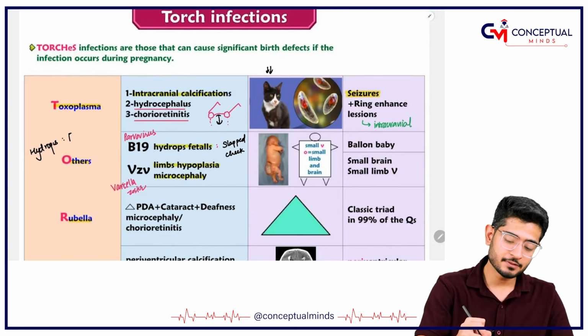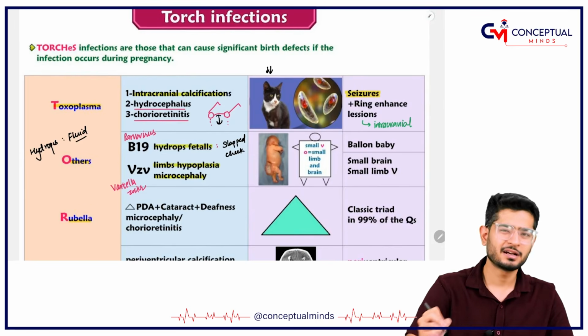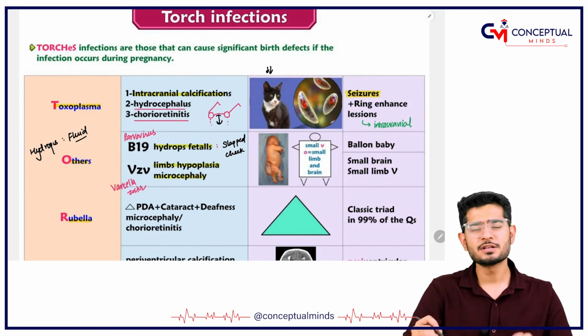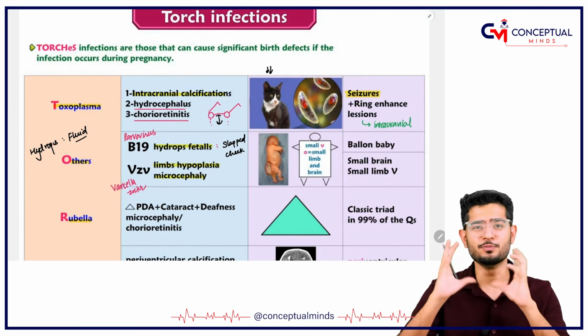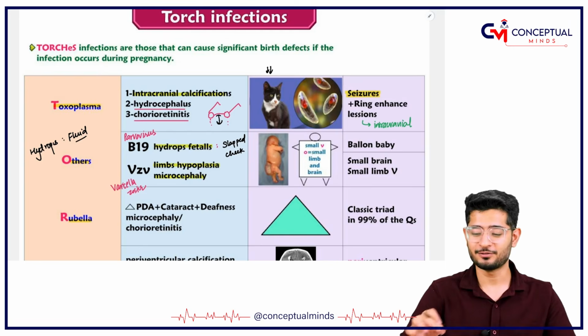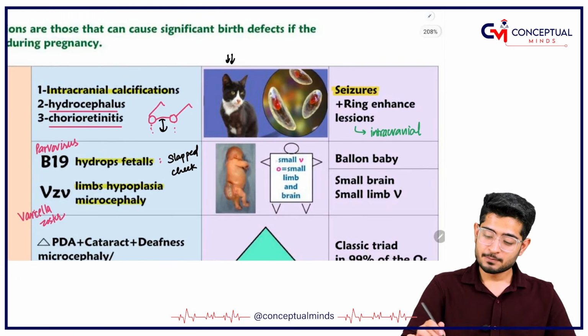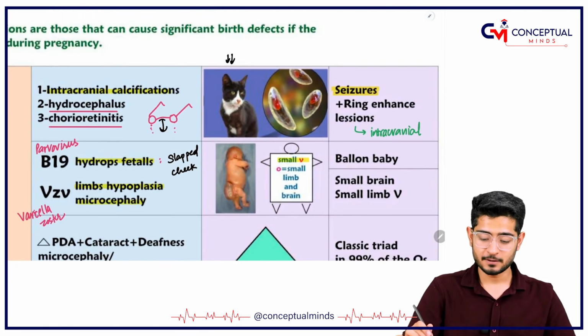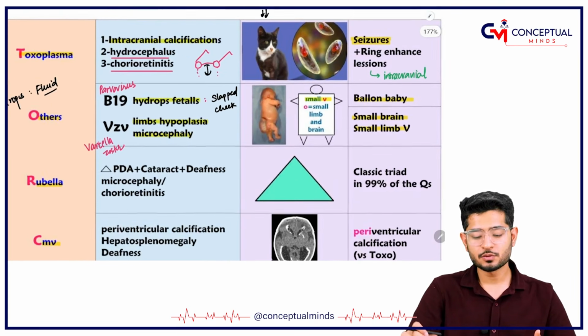In every cavity the fluid is going to accumulate, like pericardial fluid and pleural fluid. So naturally the child is going to be a big balloon baby, that also water filled. Can you see small v? Small v means V is going to have a small brain and small limbs, whereas B19 is going to have a balloon baby.